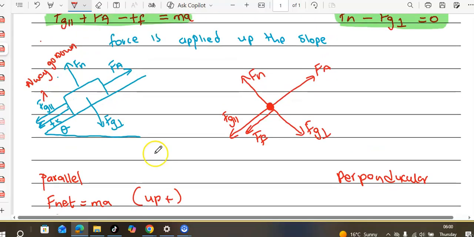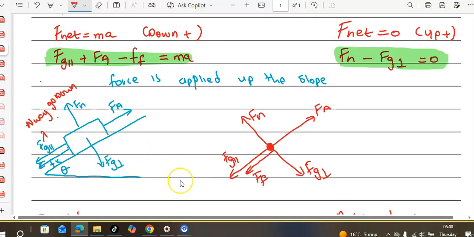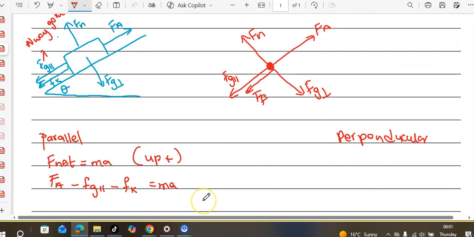So what is the difference between these two? This side we were adding FG and Fa, then we subtract the frictional force. But when the force is applied up the slope, we're going to say Fa, we subtract FG and Fk, okay?